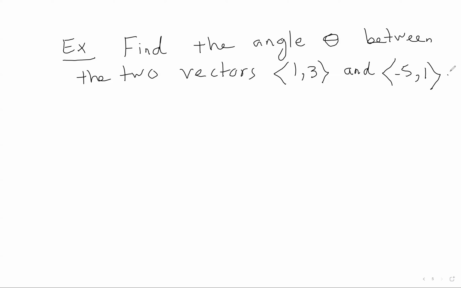So one way is the very first definition that we had in this video, the dot product of these two. Let's compute that to see what value we get. This is going to be 1 times -5 plus 3 times 1, which results in -2.